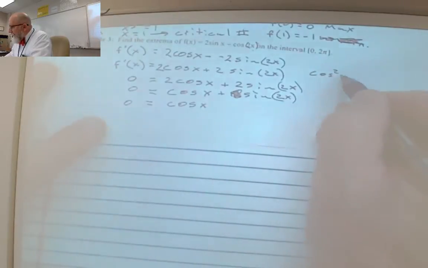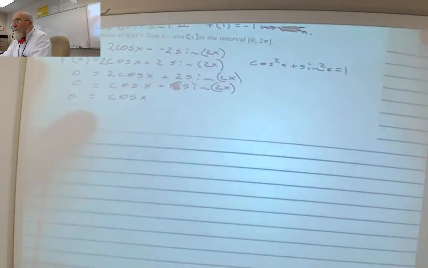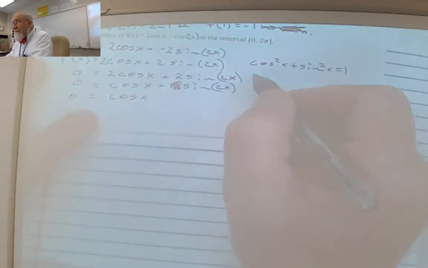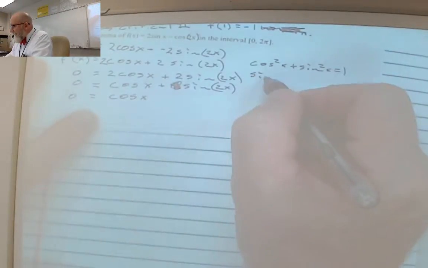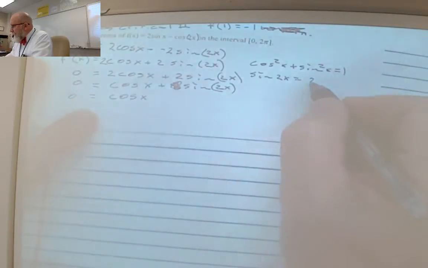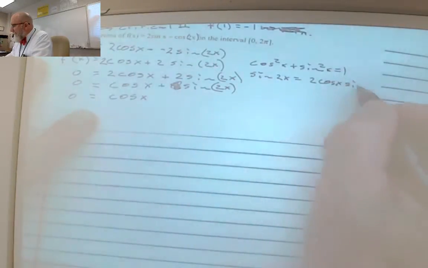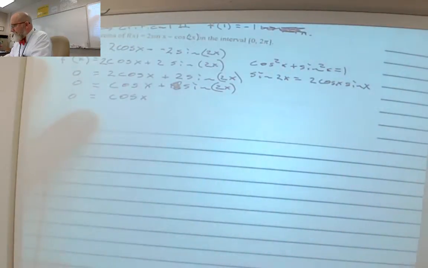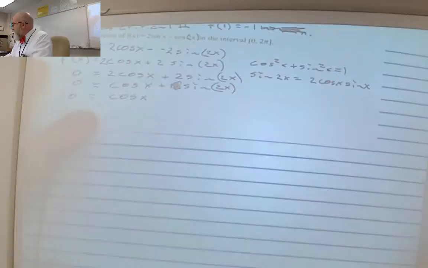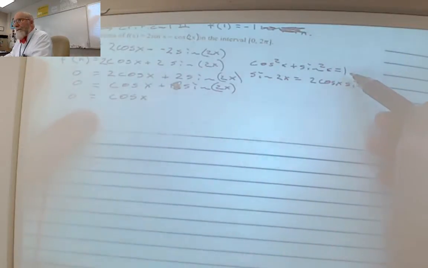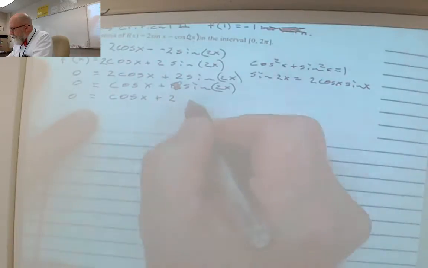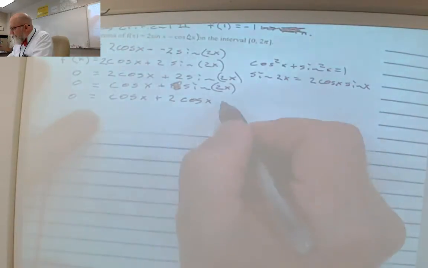Cosine squared x plus sine squared x equals 1. Does anybody remember the other one I said you had to know? Sine of 2x is equal to 2 cosine x sine x. Only 2. This one you should have down pat, don't you think? So that's the one you just got to know. So I have plus 2 cosine x sine x.